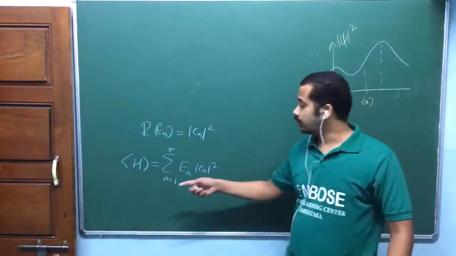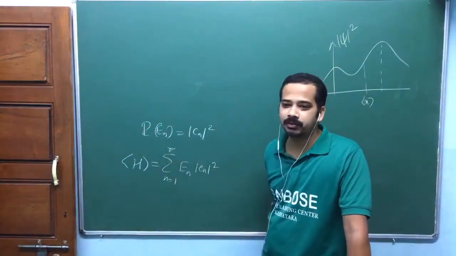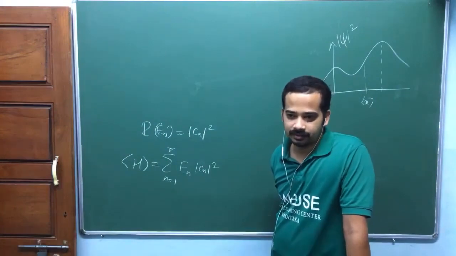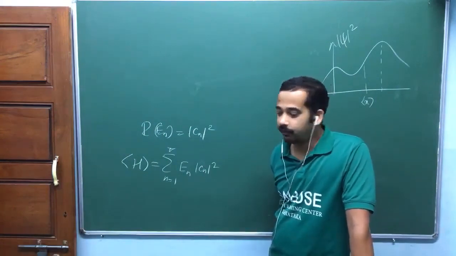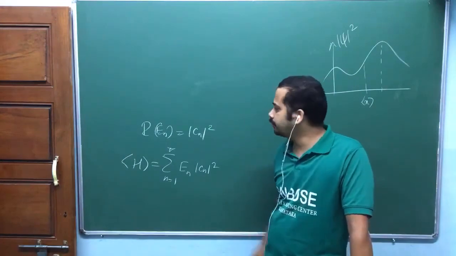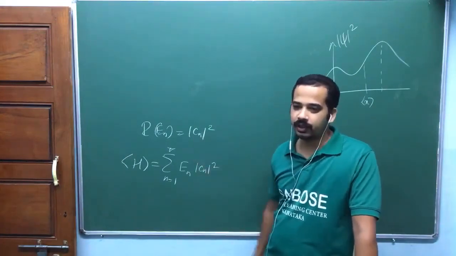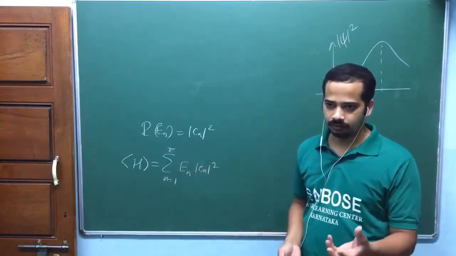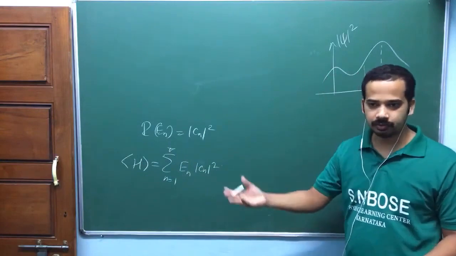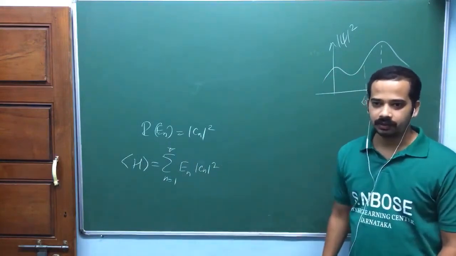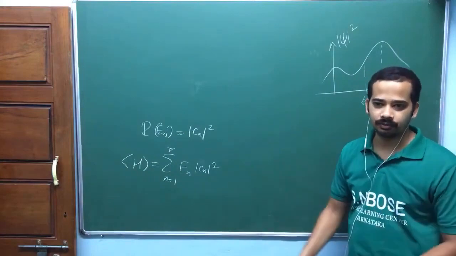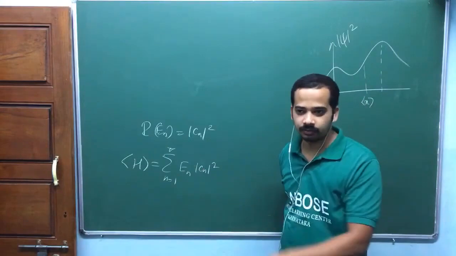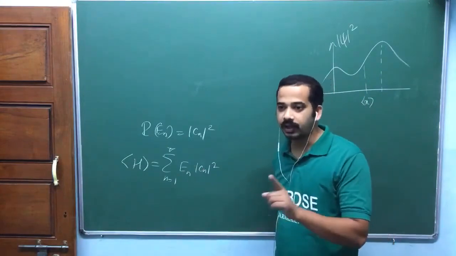Remember that average energy or expectation value need not be any of the possible outcomes. Suppose you have only two states, one state corresponds to energy E1, the other state corresponds to energy E2. You linearly combine them. Your average energy will be between E1 and E2. But what is the measurement outcome? That is either E1 or E2. Measurement outcome is different, average value is different.